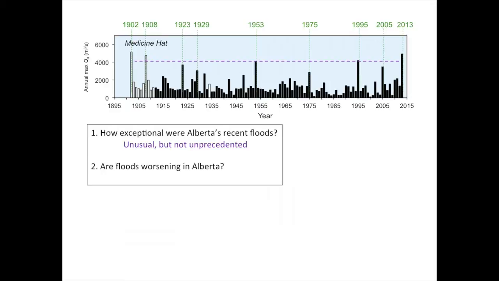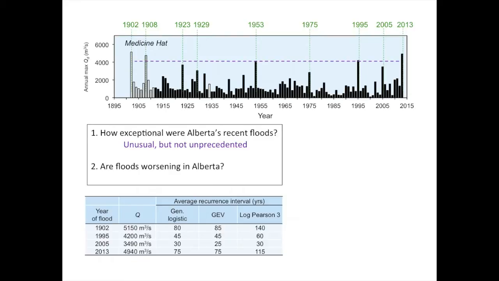If you look at this distribution, there were two whopping big floods at the beginning of last century, and then recently we've had two pretty big floods. There were also two other moderate floods in the early part and the latter part. So basically, the flood of 2013 was indeed large, but it was not unprecedented. There were prior floods as large and at least slightly larger.